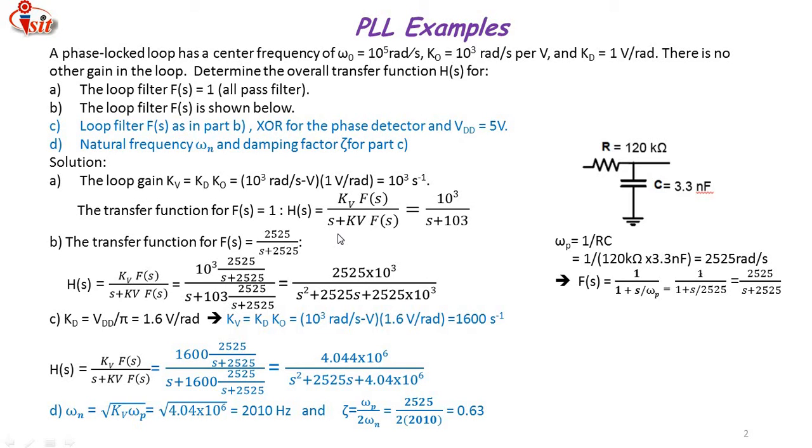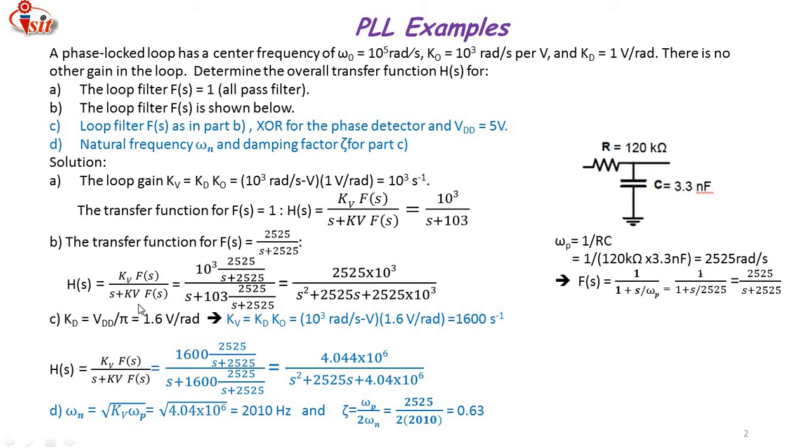Part B is related to the transfer function Fs equal to 2525 divided by s plus 2525. Hs is equal to KVFs divided by s plus KVFs, where Kv is the loop gain and Fs is the transfer function.